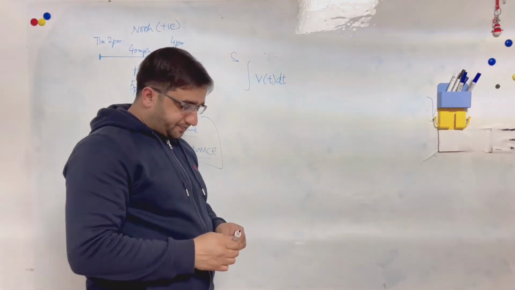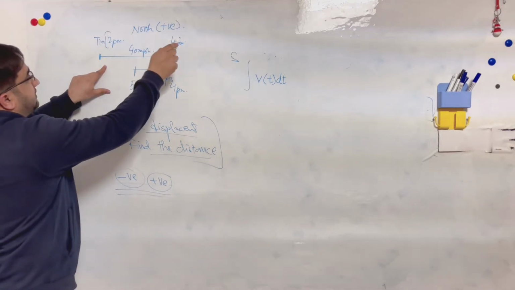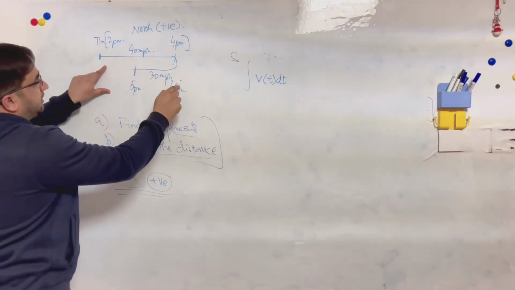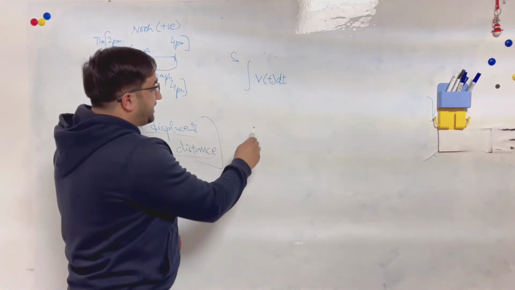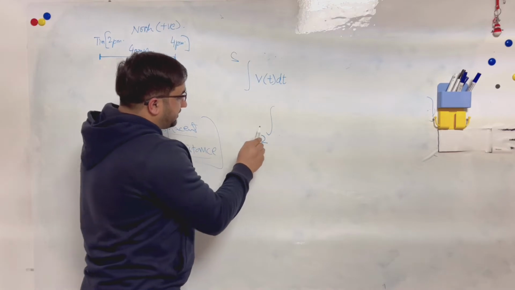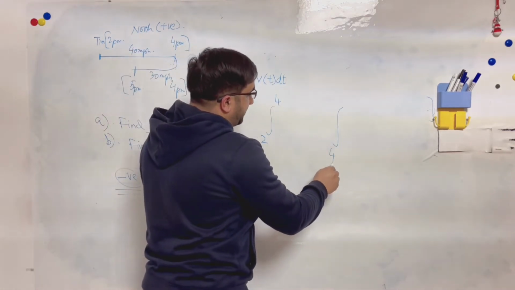You see, there are two time intervals, 2 to 4 and 4 to 5. So we actually have two integrals. The first one is from 2 to 4 and the second one is from 4 to 5.